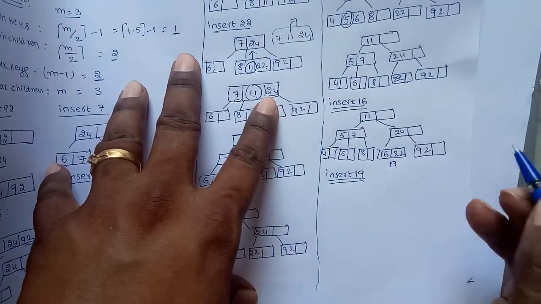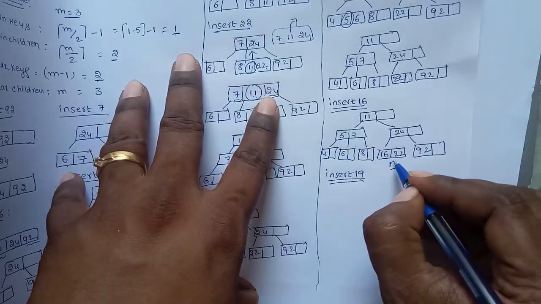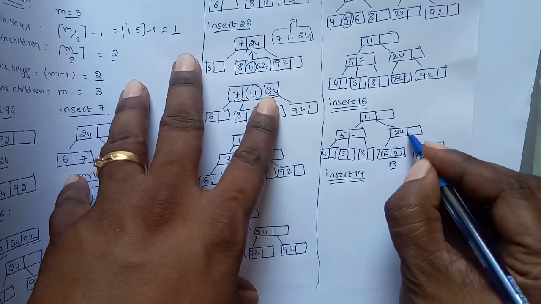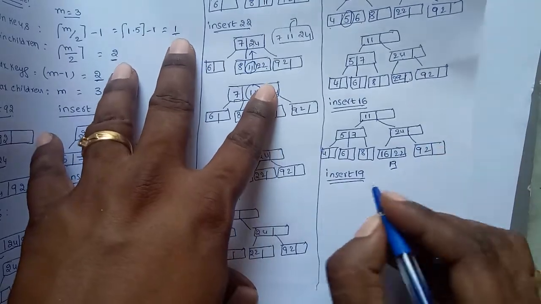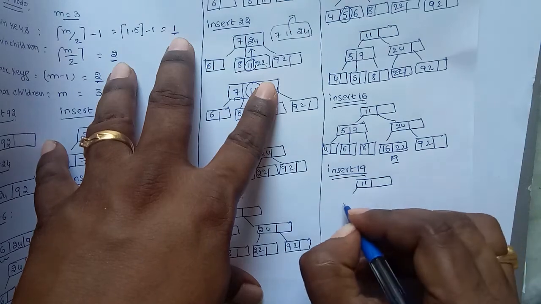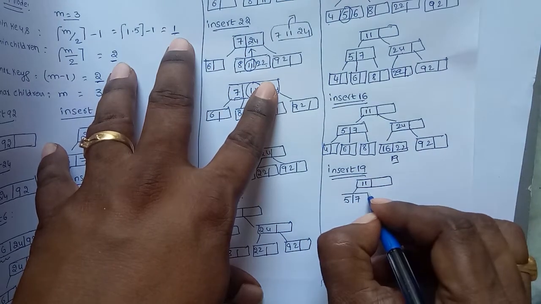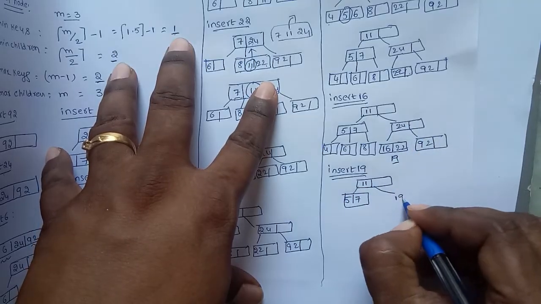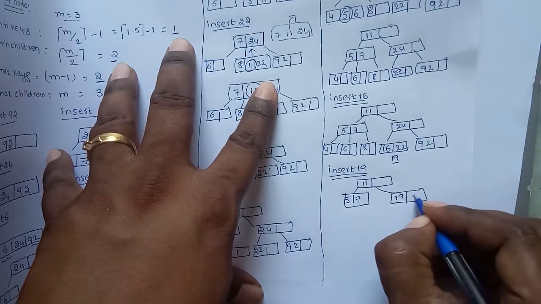After 19, I am directly writing the answer. After inserting 19, it violates the property. So what to do? Move 19 to the root. That is 11, 5, 7. See this one. By moving 19 to the root, it becomes 19, 24.